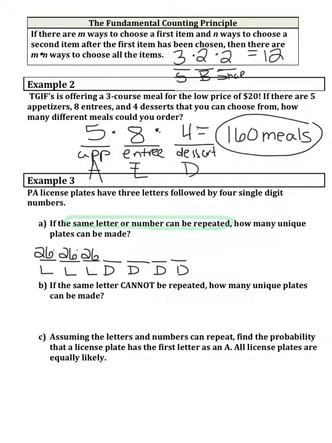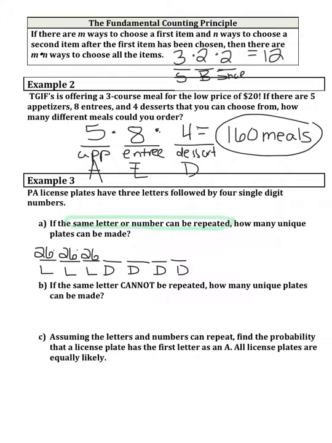Now, the last 4 spots on the license plate are 4 single-digit numbers. So how many options do I have for a single-digit number? If you said 9, you're incorrect. See, it could be a 1 or a 2 or 3 or 4, 5, 6, 7, 8, 9.